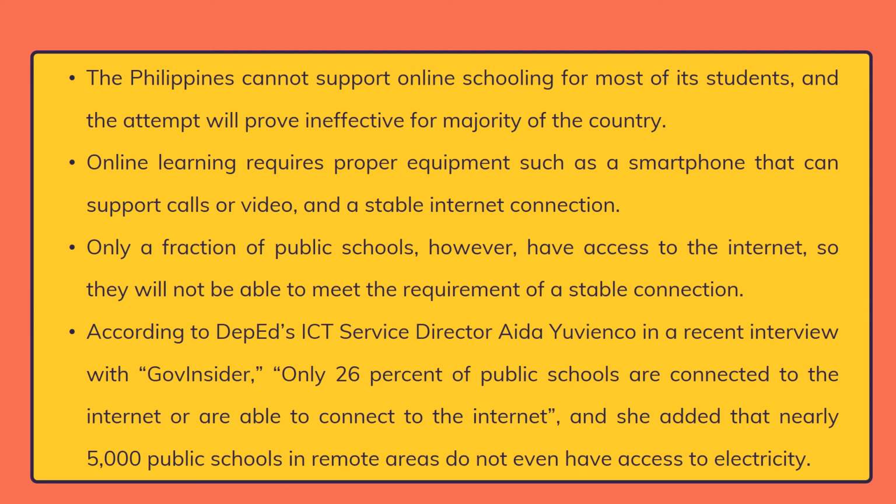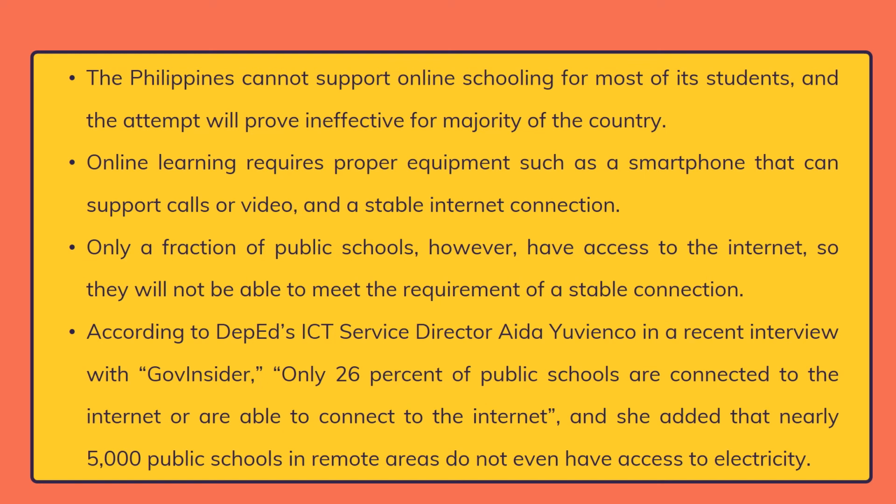Here is the text. The Philippines cannot support online schooling for most of its students, and the attempt will prove ineffective for majority of the country. Online learning requires proper equipment such as a smartphone that can support calls or video, and a stable internet connection. Only a fraction of public schools, however, have access to the internet, so they will not be able to meet the requirement of a stable connection.